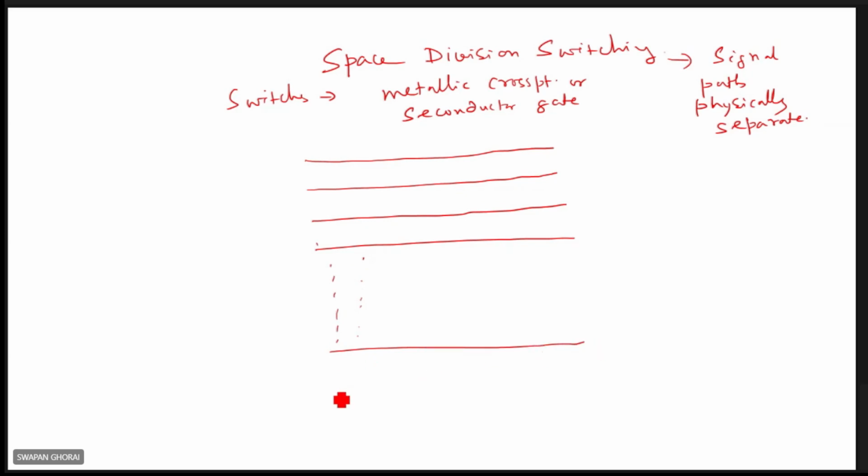Say there are 10 inputs and 10 outputs. That means 10 stations will be there. Each station will have one input and one output.